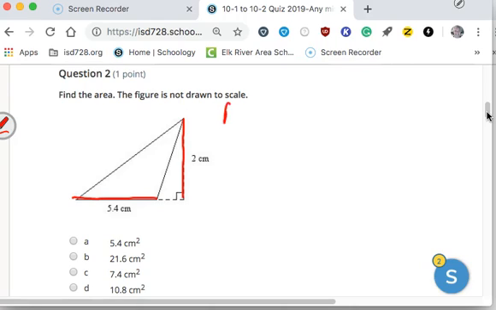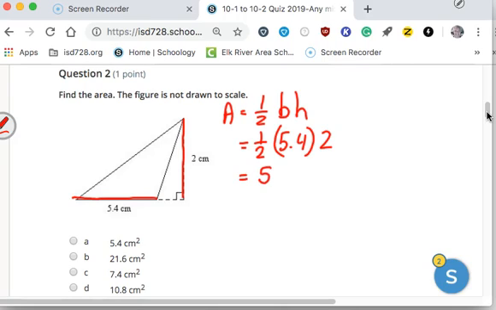So I have still area is equal to base times height, but it's half of it. So now I've got my 1/2, my base, 5.4, times my height, which is 2. And because the 1/2 and the 2 are knocking each other out, that's 1. But 5.4, not 5.2, 5.4 is my answer here, and it's centimeters squared.